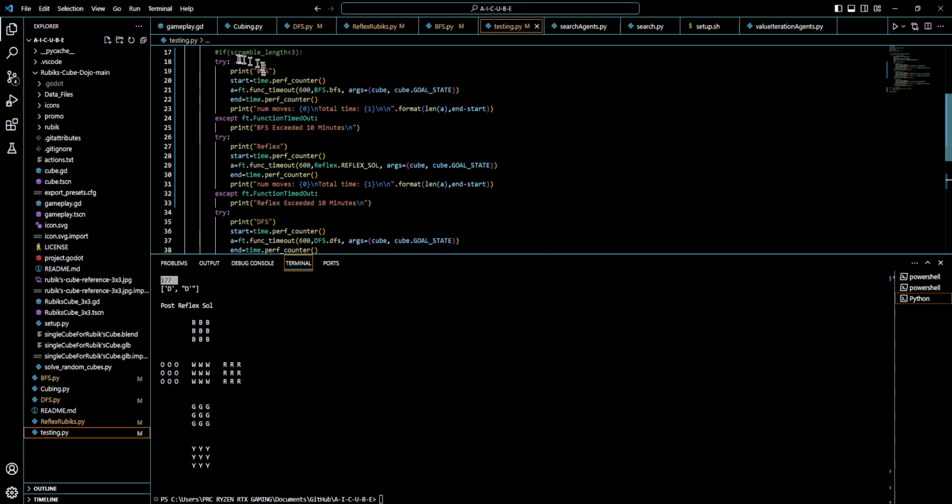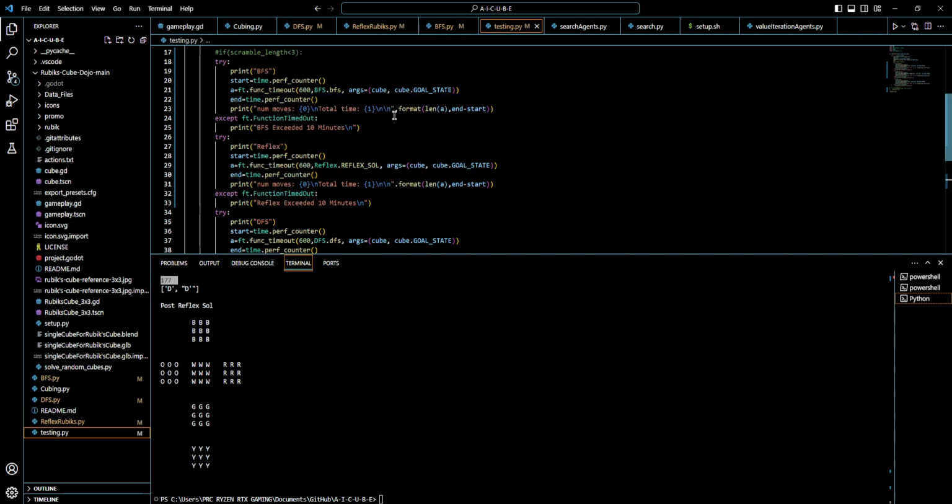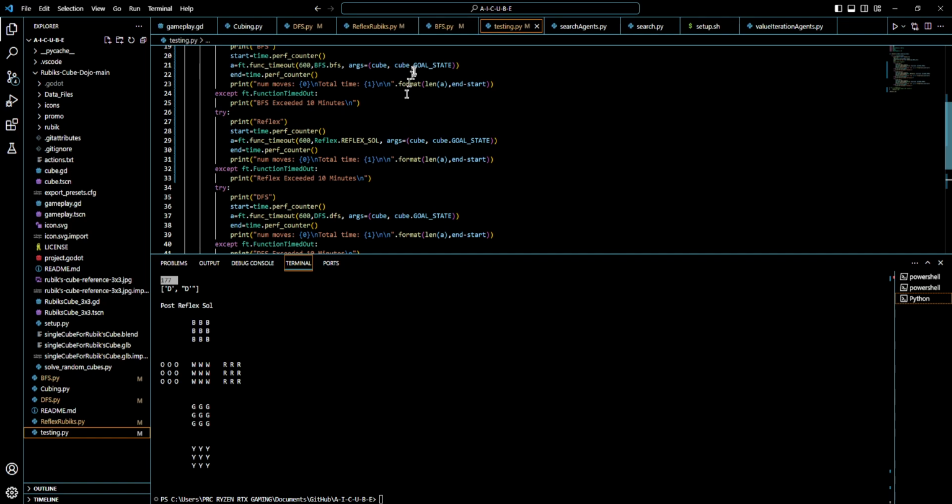Here they're wrapped in this try-catch block. This is due to calling this function timeout, which essentially prevents any of these runtimes from going over 10 minutes. That way you're not sitting here forever waiting for these to finish. And it's going to output a list of moves and how long it takes using these counters.